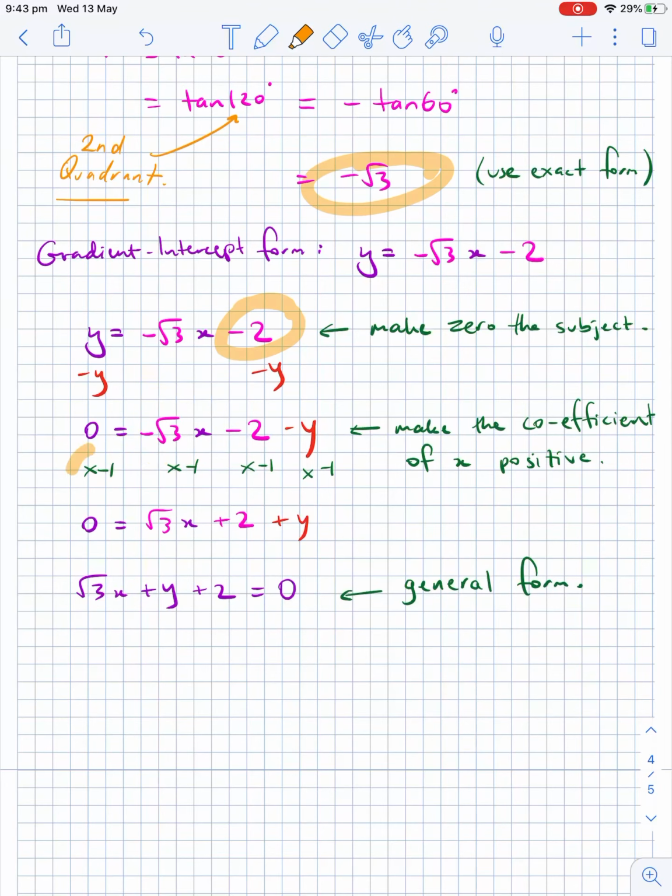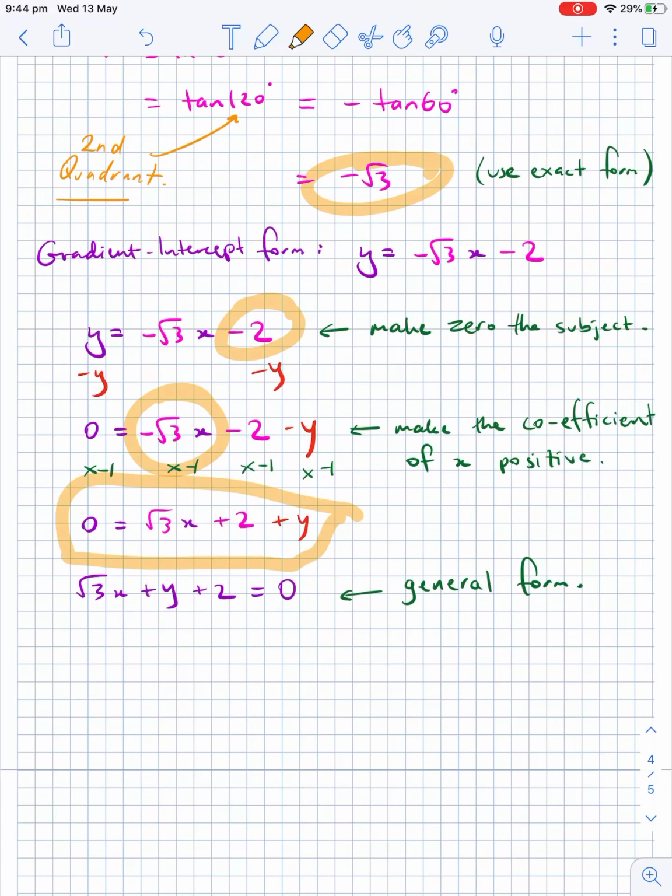At the moment it's negative, so we're going to multiply everything by -1 to make it go from negative to positive. So 0 times -1, that's 0. That becomes the positive version. This changes sign as well, so -2 changes to +2, and the y becomes positive y.